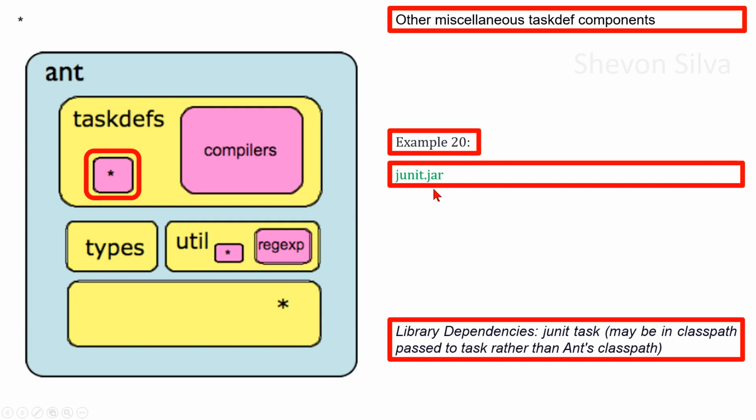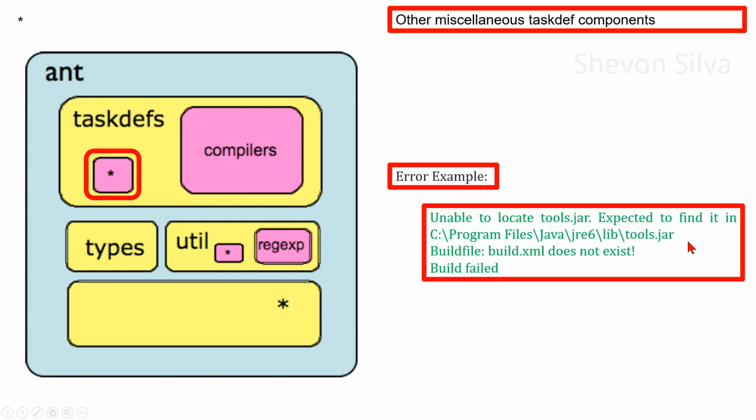As an error example, we can consider this: unable to locate tools.jar, expected to find it in C:\program files\java\jre6\lib\tools.jar. Build file build.xml does not exist. Build failed.